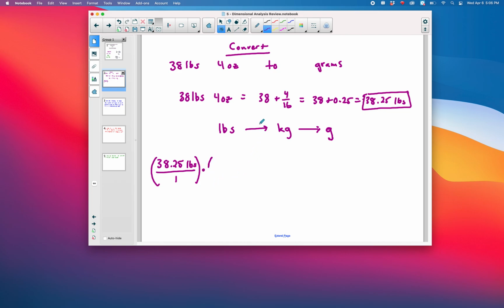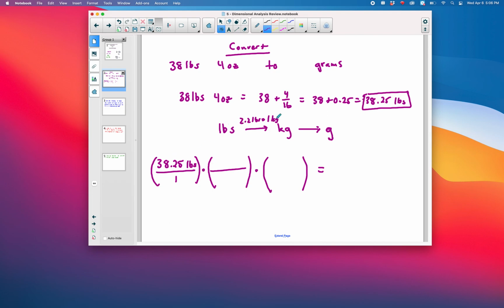Now, each of these arrows represents a conversion factor or a multiplication that I'm going to do. So I have 2 arrows in my conversion, so I can add 2 blanks before I get my answer. In this fraction, we're going to write the conversion factor between pounds and kilograms. And I know that there are 2.2 pounds in 1 kilogram.